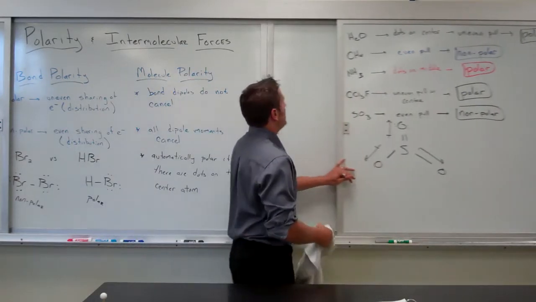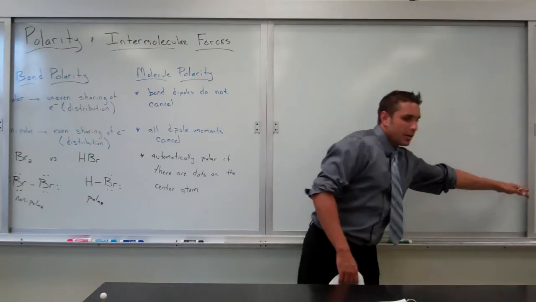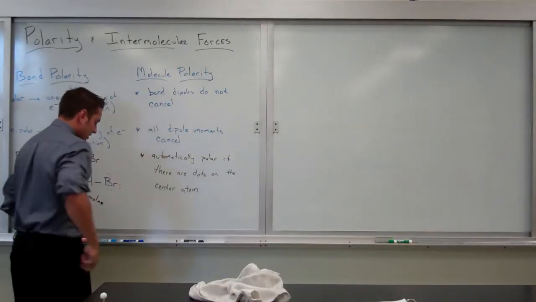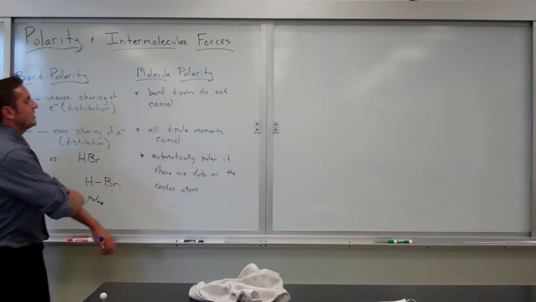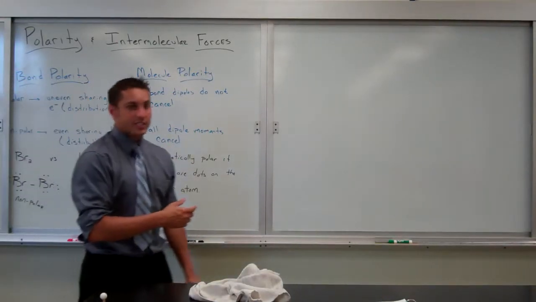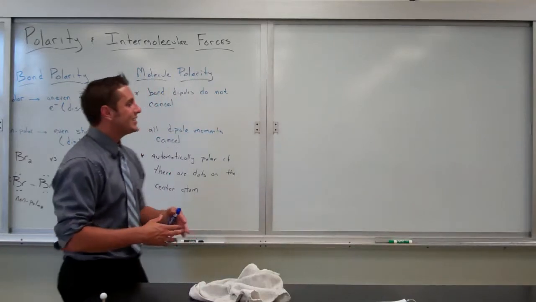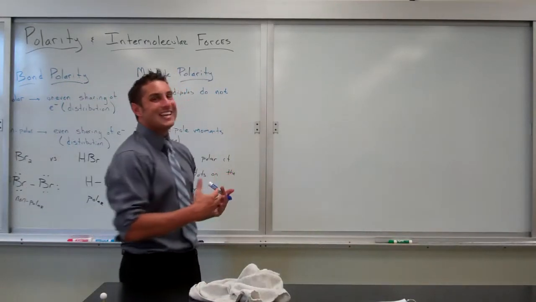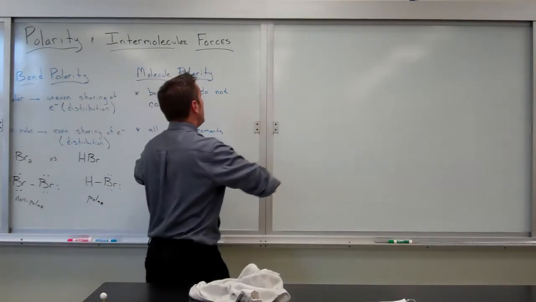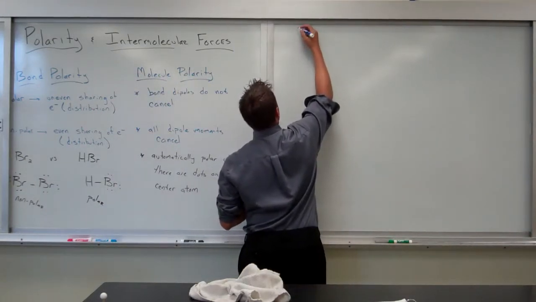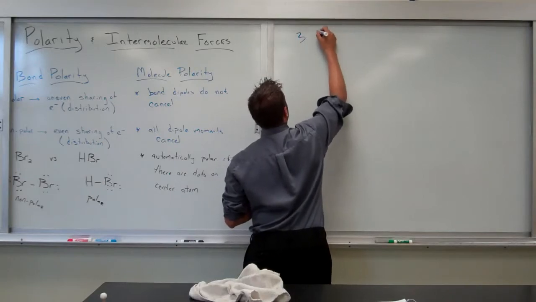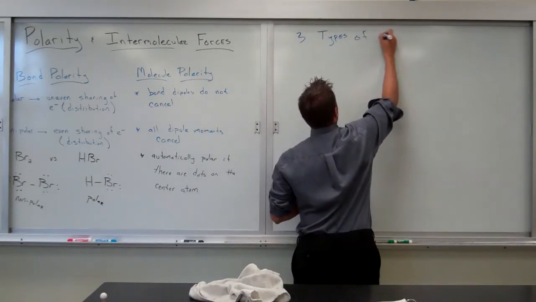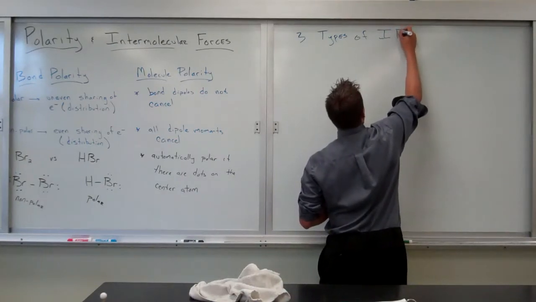Alright, so slide that off to the side. Last thing we wanted to talk about, as we set up here, were intermolecular forces. Right? And intermolecular forces tie into what we were discussing right there, because all of the bond dipoles that we're talking about are a type of intermolecular force. So if we're looking at intermolecular forces, there are 3 types of intermolecular forces.